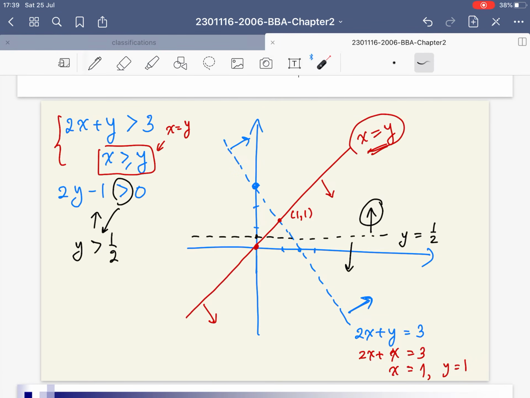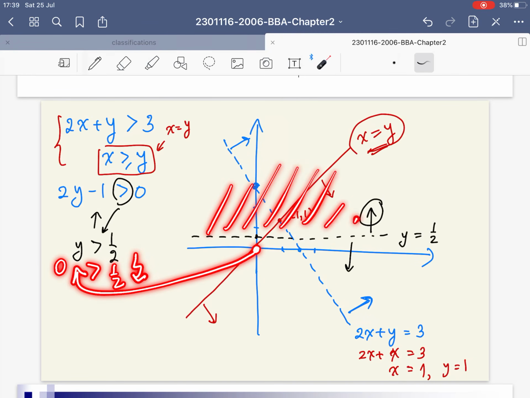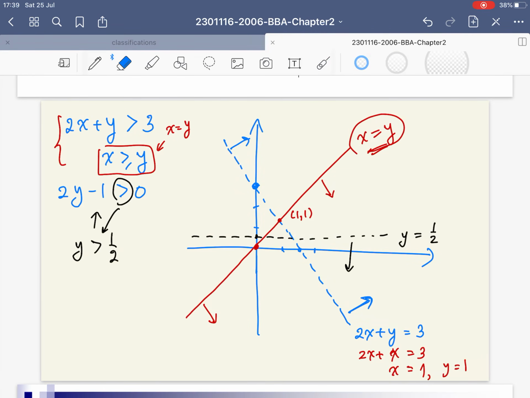But if you don't know, you can still plug in this point in the lower region, with y as 0. Can 0 be greater than 1/2? It is not. So the region that you choose is not the one including 0, it must be the one above. So here we indicate it by the upper arrow.